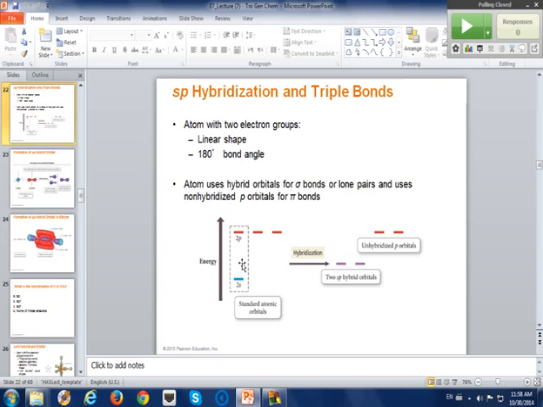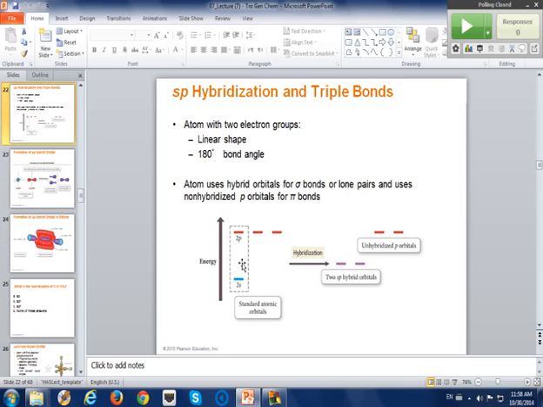For the other 2 examples, the central carbon was involved in 4 bonds and 3 bonds, thereby requiring 4 electron groups and 3 electron groups. Therefore, we hybridize the S with all 3 of the P for the 4 electron groups, and in the case of the ethylene, hybridizing the S with 2.